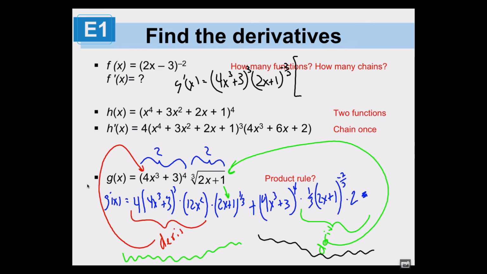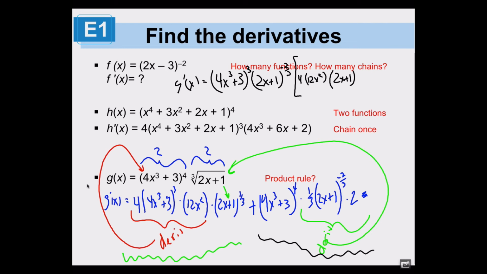Looking at the first term, if I take this stuff out, I'm left with a 4, a 12x squared, and this goes away, the 4x cubed plus 3 to the third power. But what does that leave behind? That's going to leave a 2x plus 1 raised to what power? 1, correct.